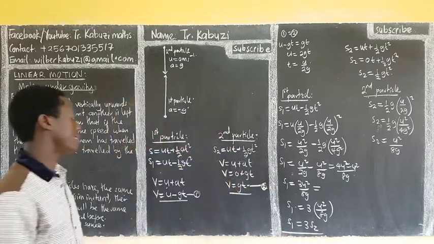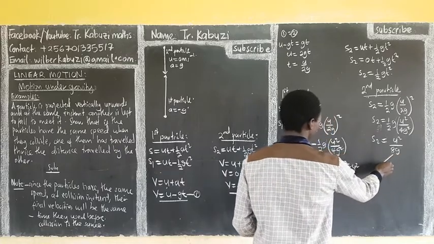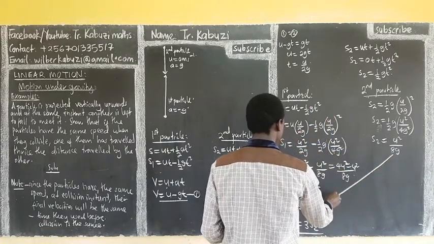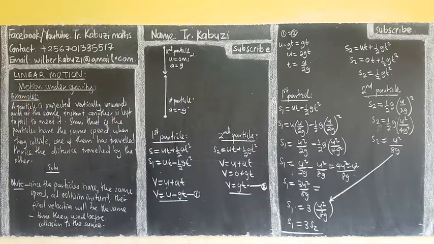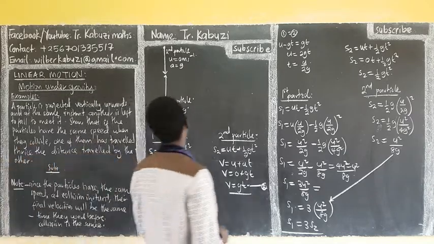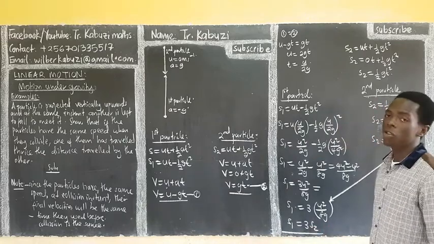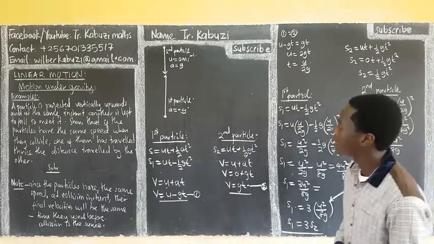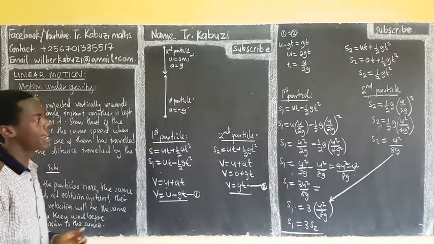So the distance of the first particle is 3 times the distance traveled by the second particle, as we were asked to show. And so our proof is done.